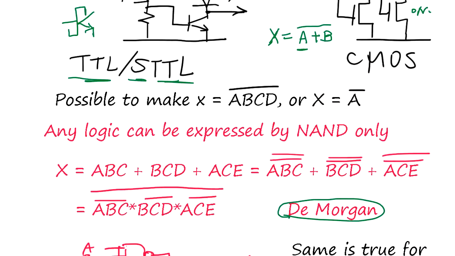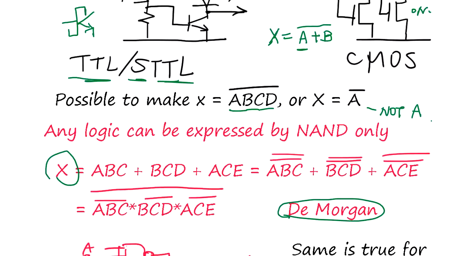if you have a NAND gate, you can expand to A, B, C, D, not, or X, just this is not A, right? Then you can express any kind of logic. Say you have X equals ABC, BCD, ACE.